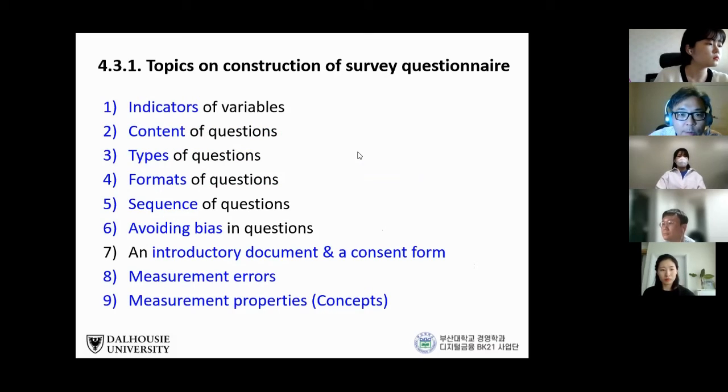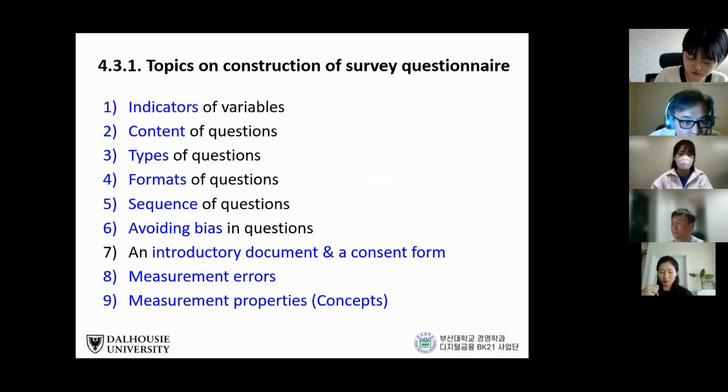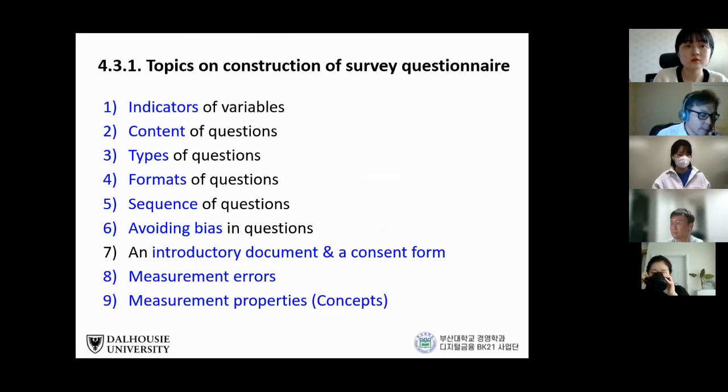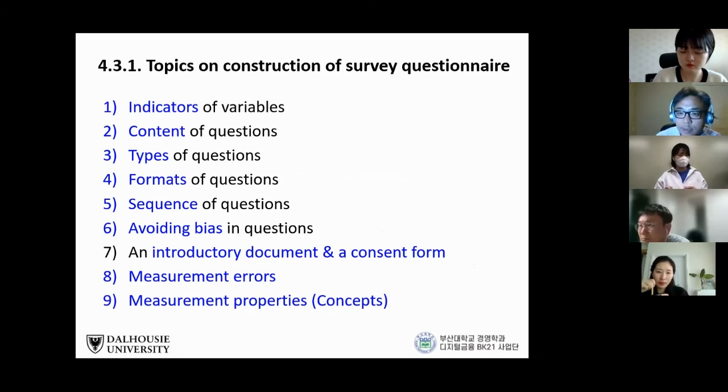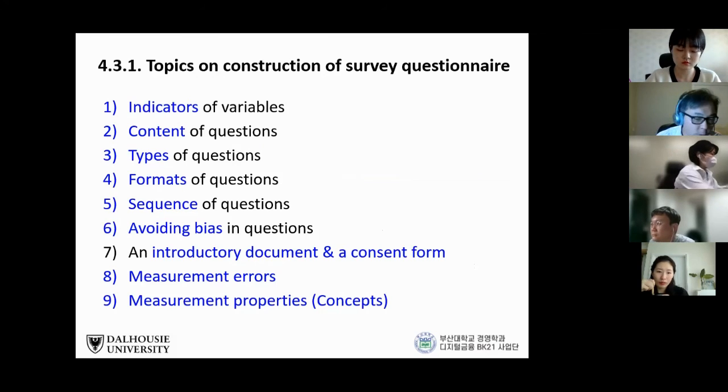Okay, so what are the topics? We'll be covering very quickly indicators and contents, types of questions, question format and sequence, and how to avoid bias. What are the biases? And I have brought an introductory document and consent form that you could modify, and those are Word files published for you in the Dropbox.